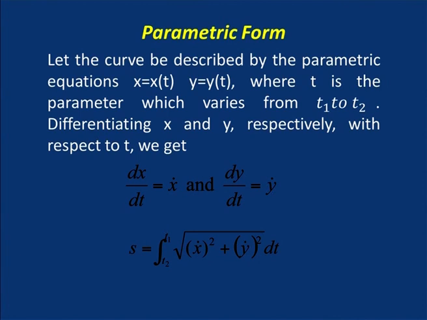Differentiating x and y with respect to t respectively, we find dx/dt is equal to x dot and dy/dt is equal to y dot. Then the arc length s is given by the integral from t1 to t2 of the square root of x dot square plus y dot square with respect to t.